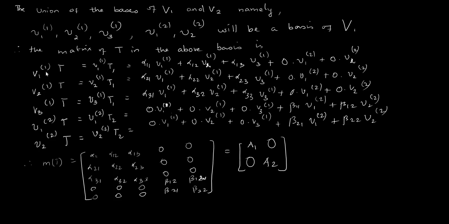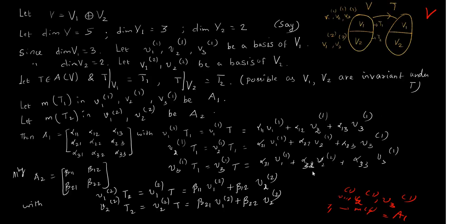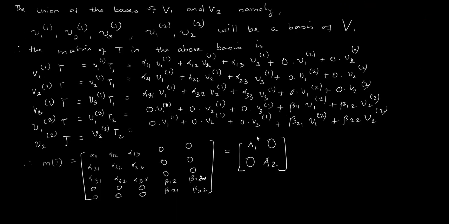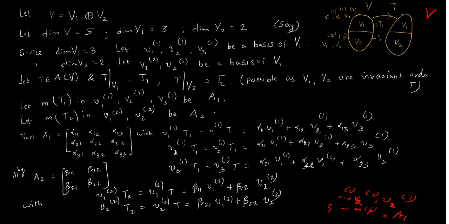So you have V1, all these are already written, but remember these basis elements should also come there, but we don't have them. When we wrote this we don't have V1 superfix 2, V2 superfix 2, but when we write it for this, it is T1 actually. Sorry, this is T1.